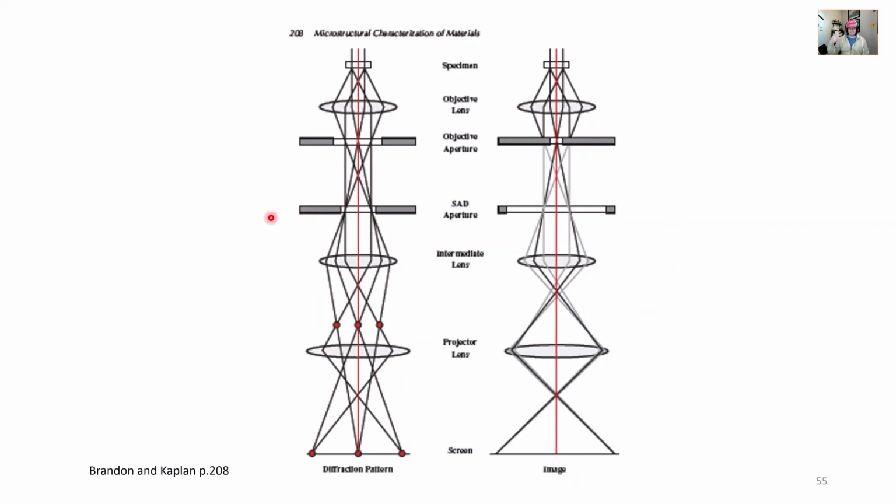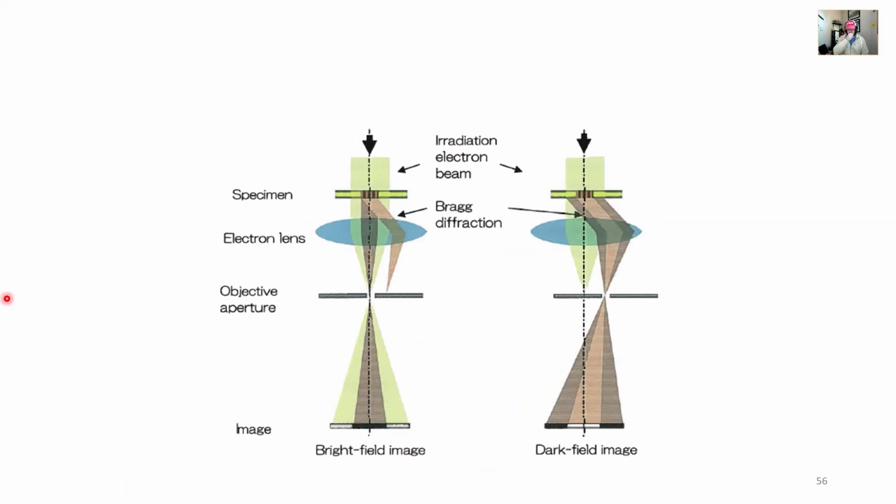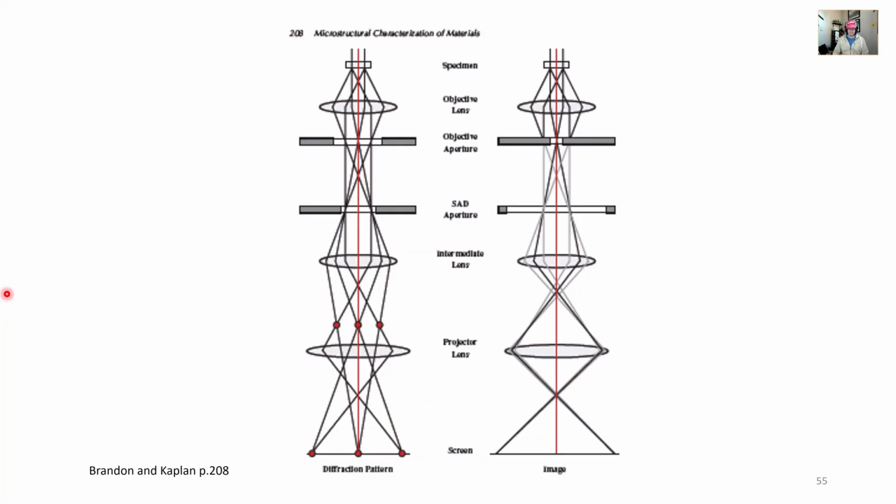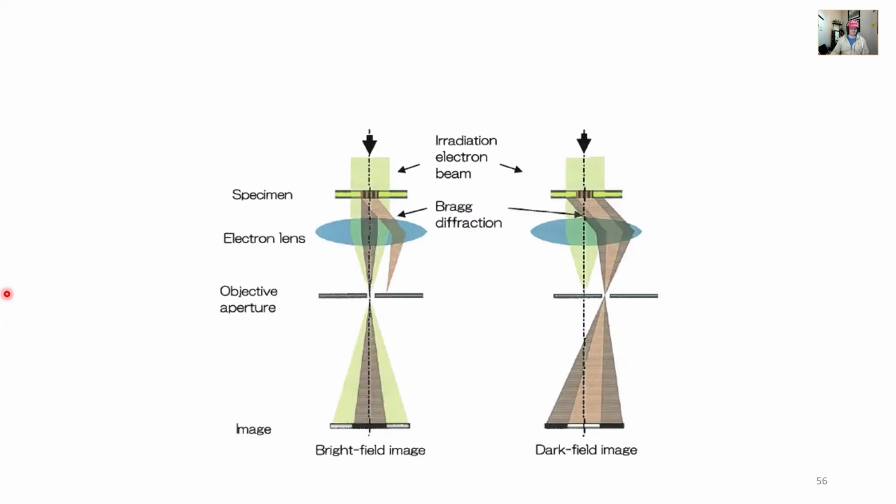This schematic doesn't allow me to understand it all that well. You take out the objective aperture according to this one, and you put in a selected area aperture, or you use a larger objective aperture to see diffraction patterns, and then you see your spots. I like this depiction a little better than the Brandon and Kaplan image. This one came from Hitachi, and so you have your specimen.